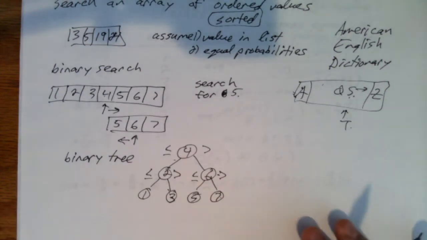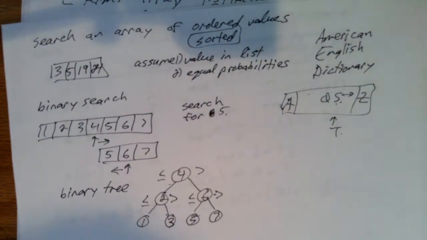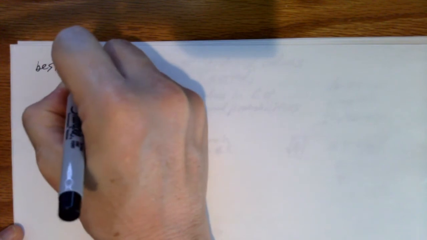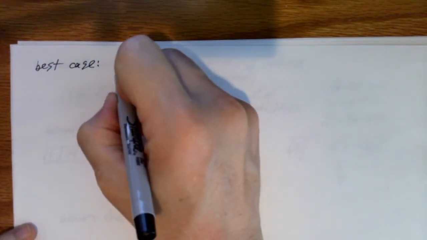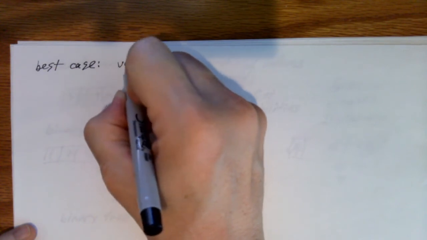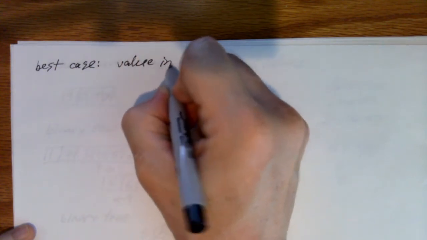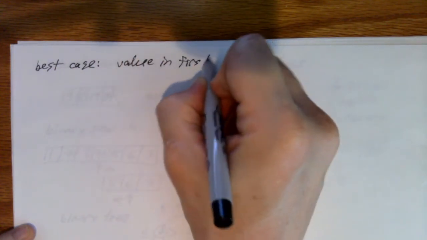So how do we analyze this? What's our best case here? Just like before, it's the value in the first place we search.